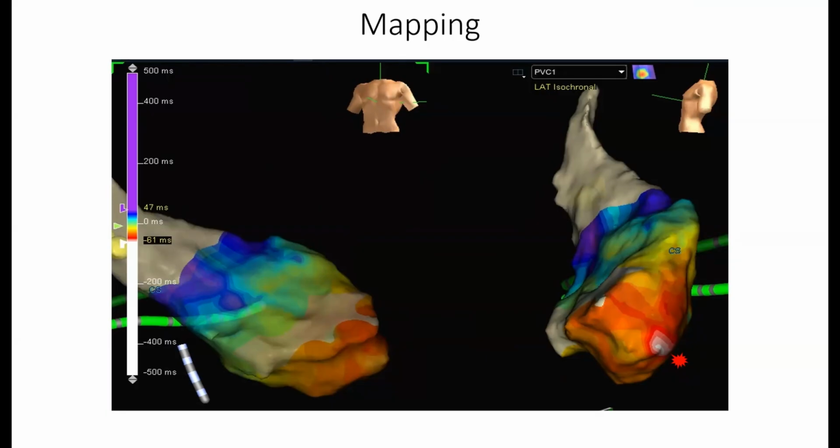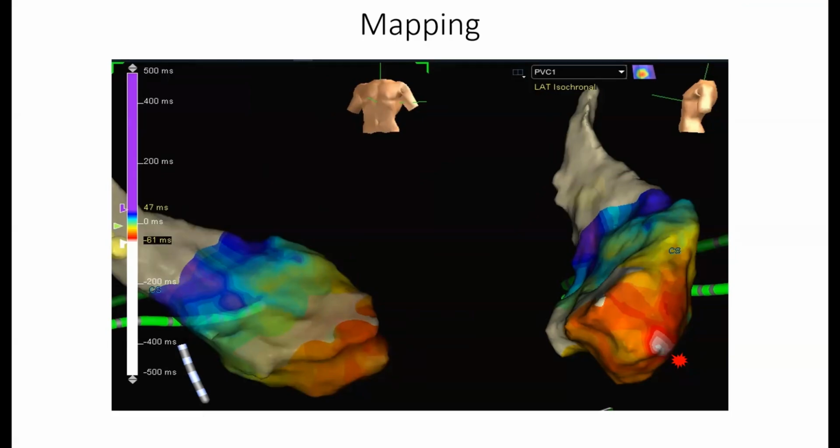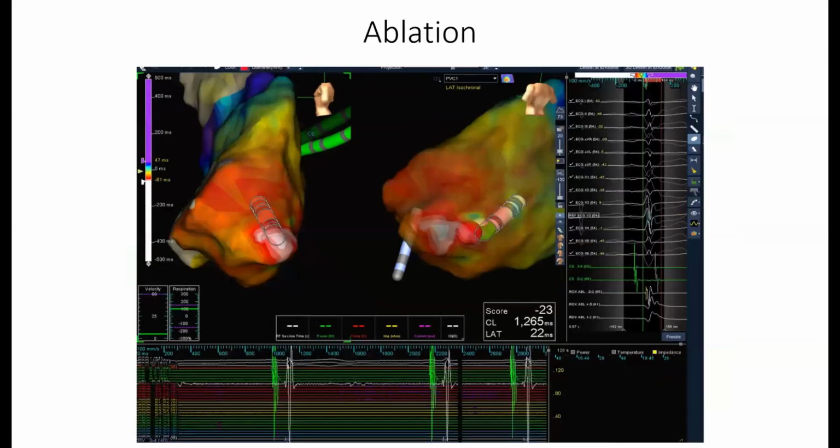Which one is earlier? Is that the white spot? Yeah, that one. And then the front one, what do you think, is it artifact? There's another white spot at the top of the lateral wall, another white color on the map. You see that in this map too.